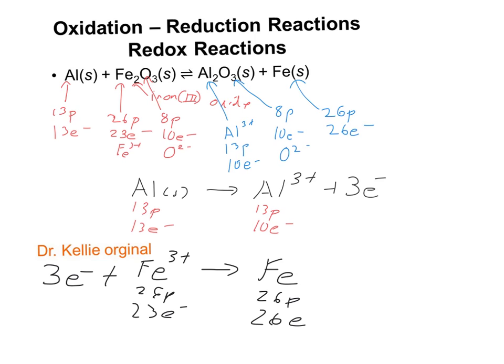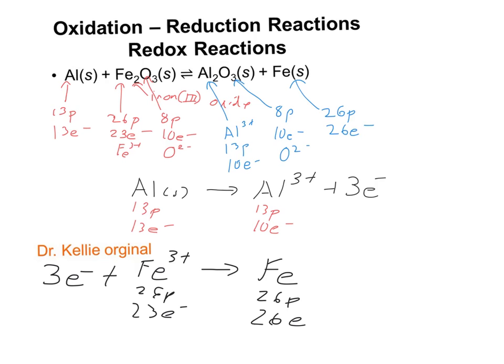This exchange of electrons between the aluminum and the iron, which is what happened in this reaction, is referred to as oxidation reduction, or redox.